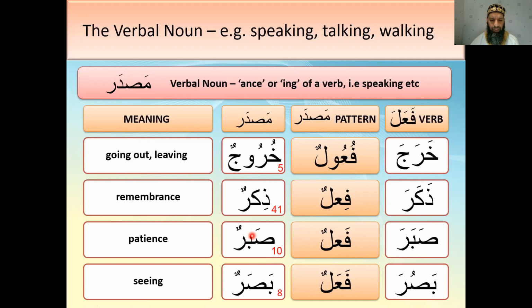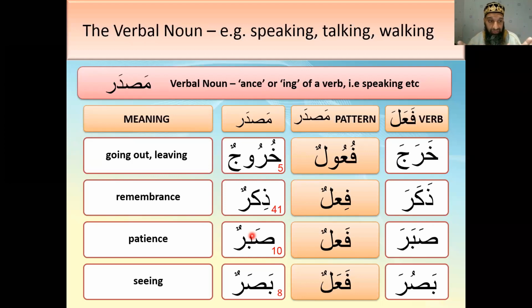Someone is asking, what would seer be? Basura. What is seer? So it's the doer. It's the first template we did. What would it be? Basirun. Basir is different.